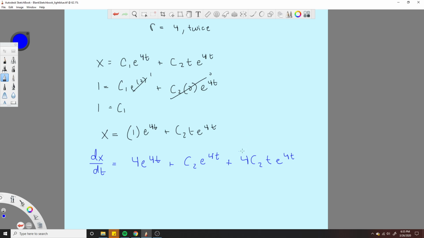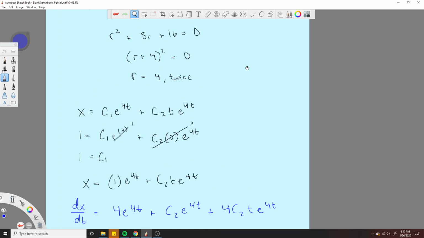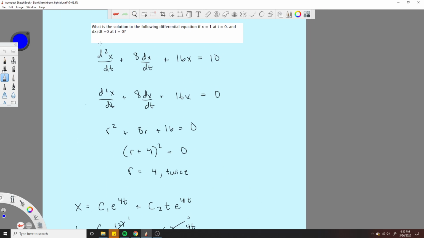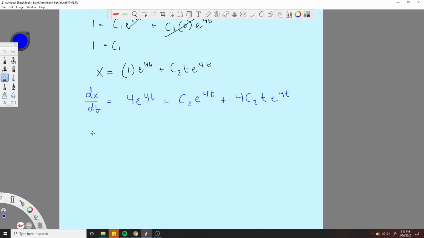Alright, so now we have our dx/dt. Let's see what these terms are again. So dx/dt equals 0 at t equals 0. So we plug in a 0 there, plus c2 e to the 0, plus 4 c2 times 0 e to the 0.